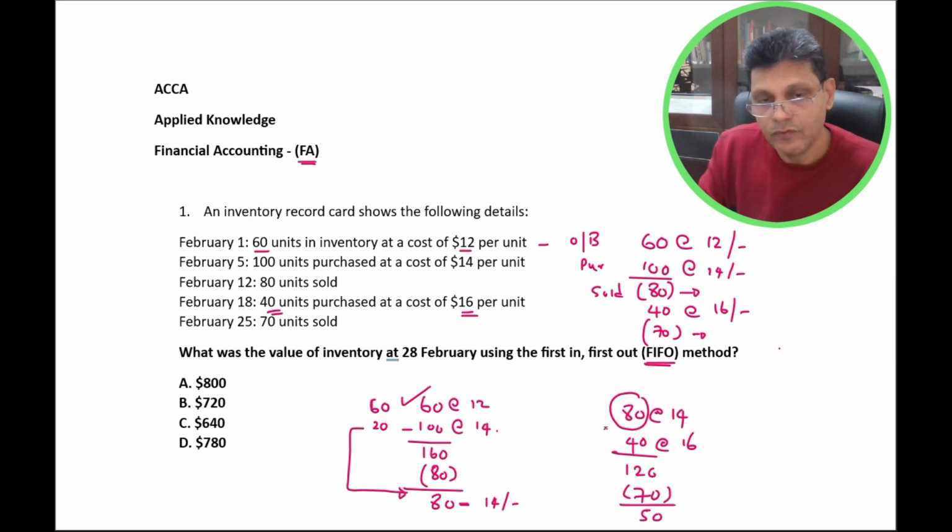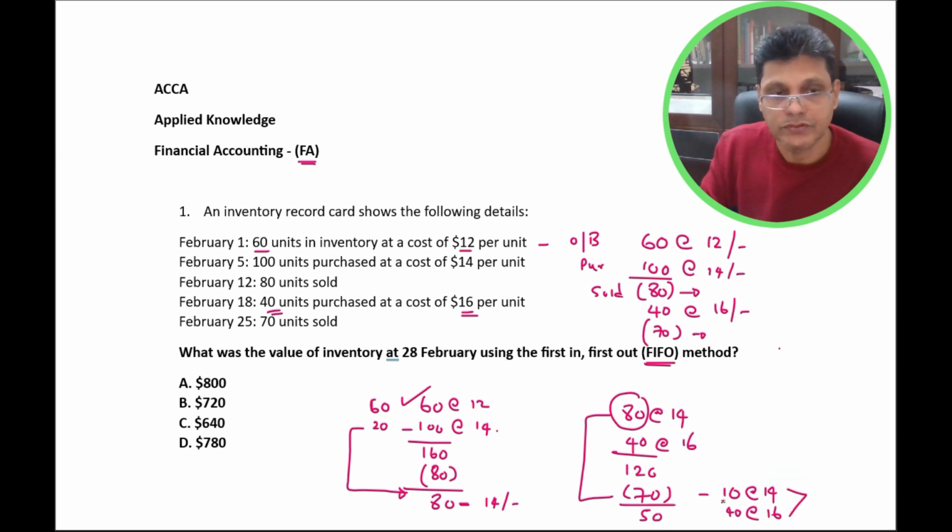So out of 80, when you issue 70, the remaining stock will be 10 at the rate of 14, and you are left with the 40 at the rate of 16. So this will be the closing inventory value based on the FIFO method. So 10 times 14 is 140, plus 40 times 16 will be how much?